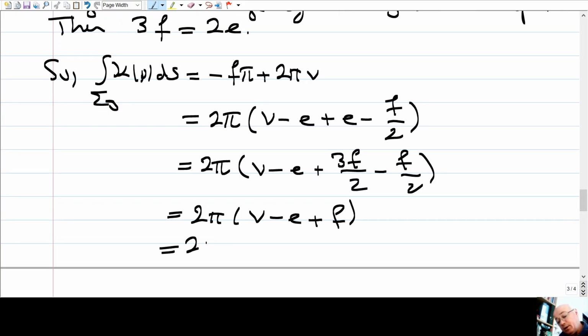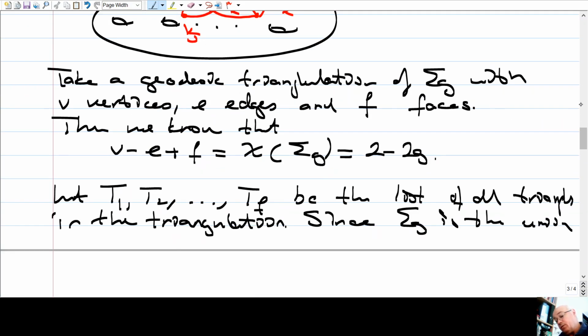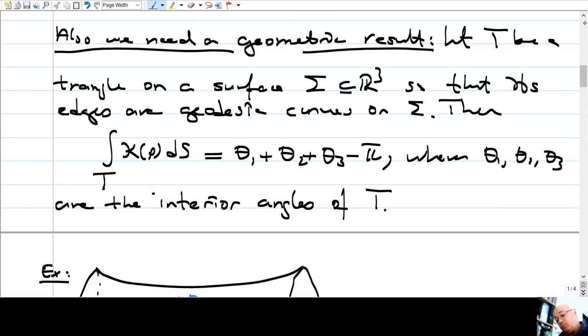So 2 pi times the Euler characteristic of sigma g, which is 2 pi times 2 times 1 minus g, or 4 pi times 1 minus g. And that's what we wanted to prove.